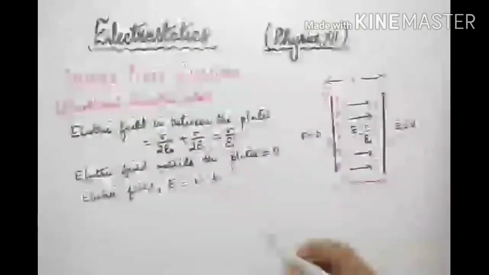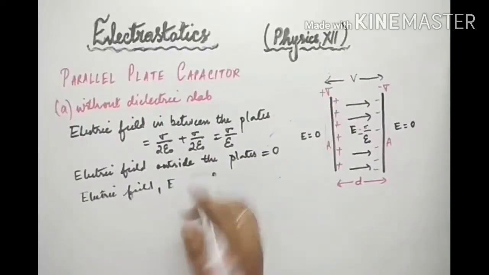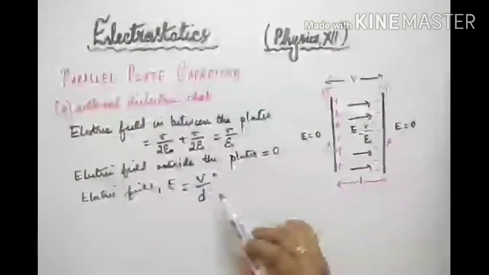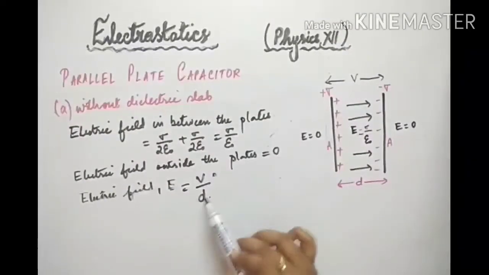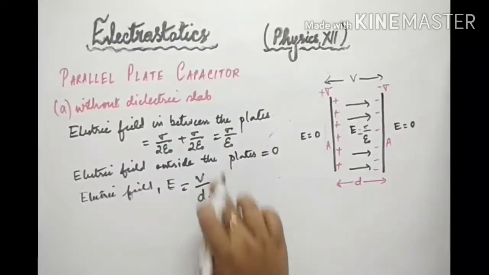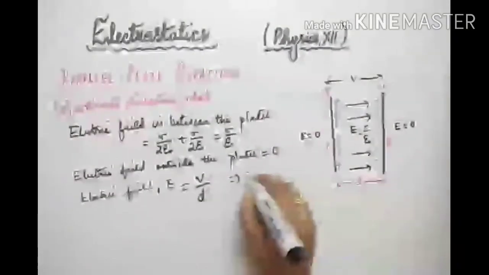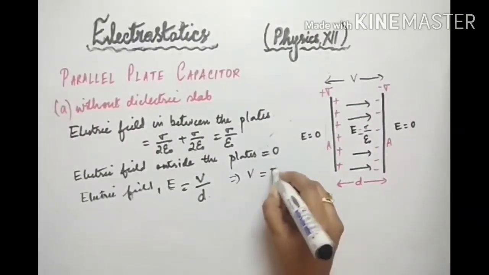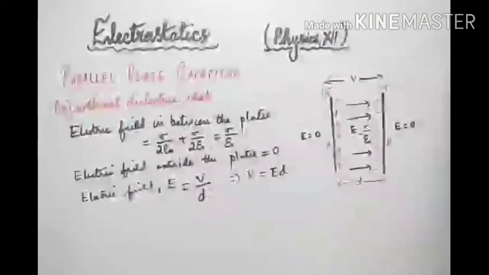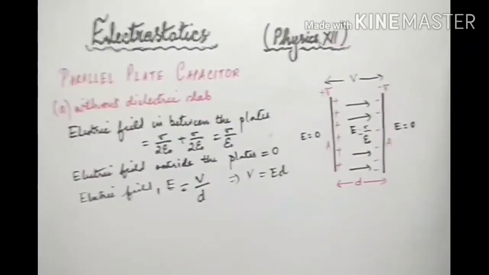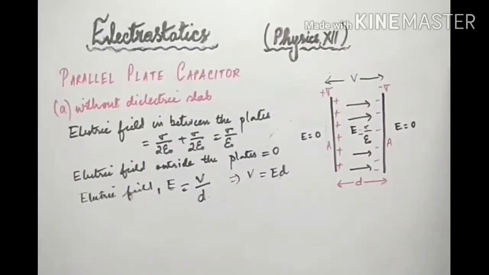So V can be written as the product of electric field and the distance, as E equals minus dV by dr. So we get E equals V by D, then we can write V equals E into D. We get this from the formula E equals minus dV by dr, where dr is the length and V is the voltage or potential difference.